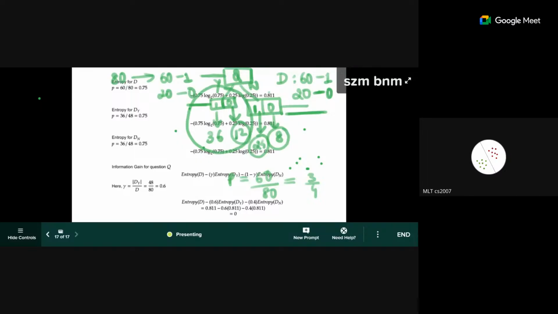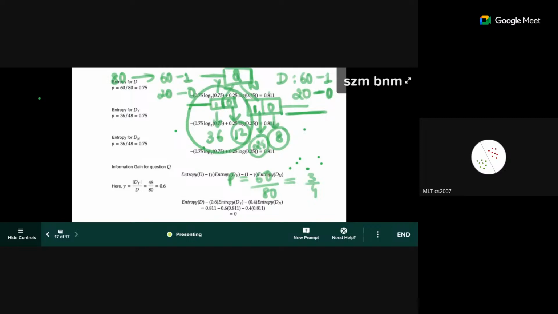The information gain is the entropy of D minus the proportion of data points that went to DS times its entropy plus the proportion of data points that went to DNO times its entropy. That is how you find the information gain.